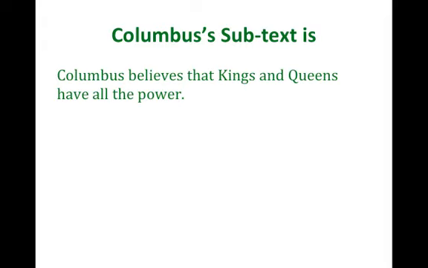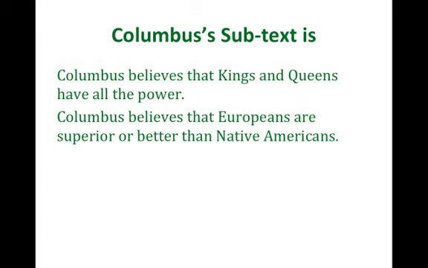So, the first claim that I can make, or the first inference that I'm generating, is Columbus believes that the king and queens have all the power. That's clear by his use of the word highness. The other thing that we conclude here, or infer, is Columbus believes that Europeans are superior or better than Native Americans.